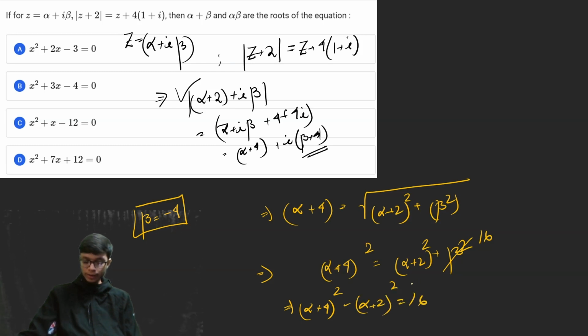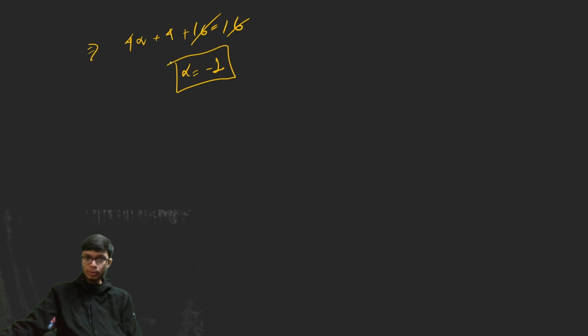This will not become a quadratic in alpha, because alpha square and alpha square get cancelled. So you will get a linear equation in alpha, and the equation will be 4 alpha plus 4 plus 16 is equal to 16, and 16 and 16 get cancelled.